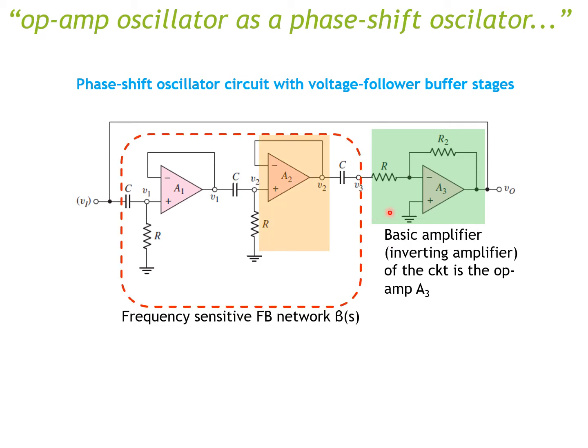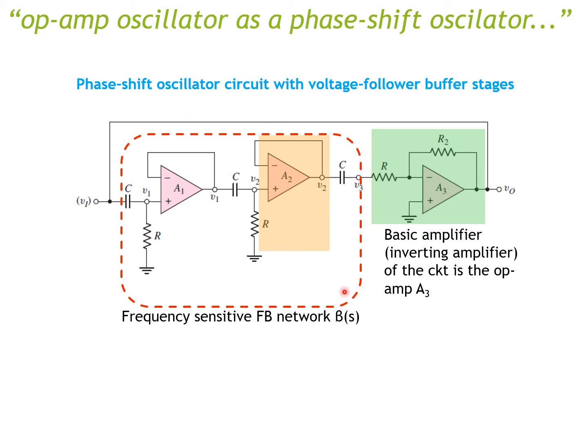The next part of it is, if you remember the construction of an oscillator, a positive feedback network is very similar to a negative feedback network. You have a basic amplifier in a feedback loop with a feedback network.